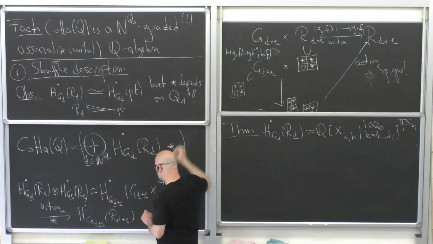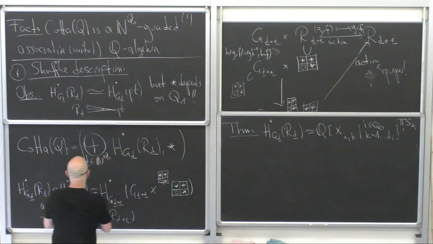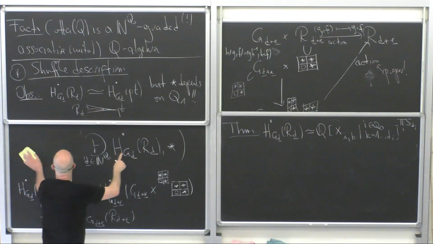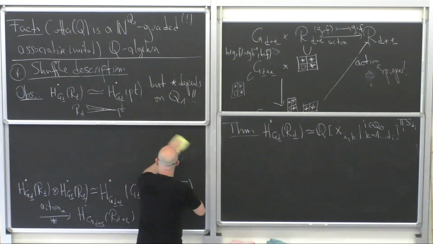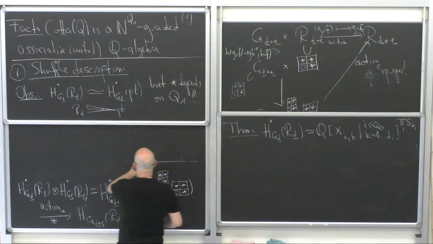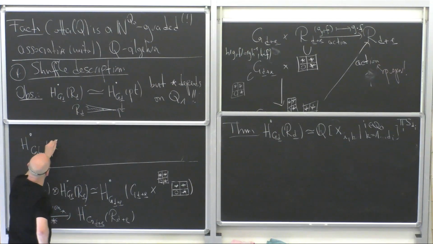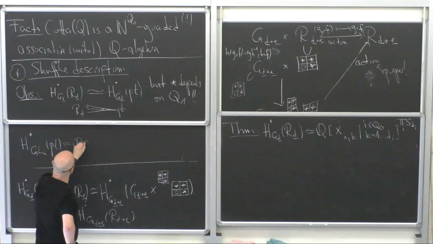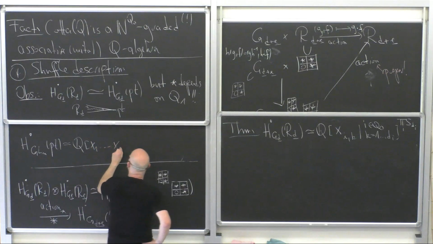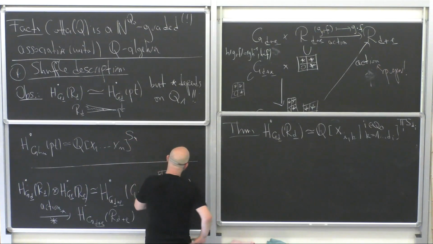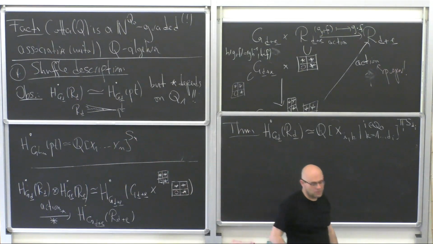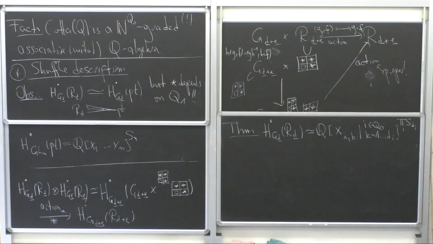In this very short summary of equivariant cohomology, I've shown you the equivariant cohomology of GL_N with respect to a point, that this is isomorphic to Q[x1 to xn], but then you take only those polynomials which are symmetric in all the variables. And we are doing something similar here.